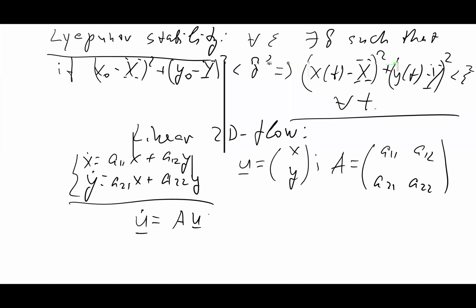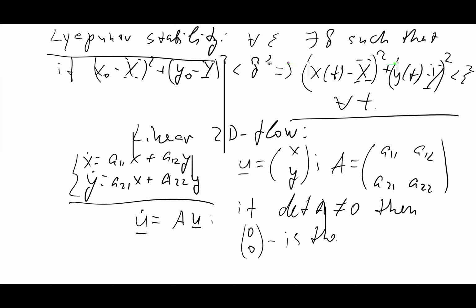What we can say about a linear system: if matrix A is non-singular, so I can put it like this, if the determinant of A is not zero, then (0, 0) is the only equilibrium.